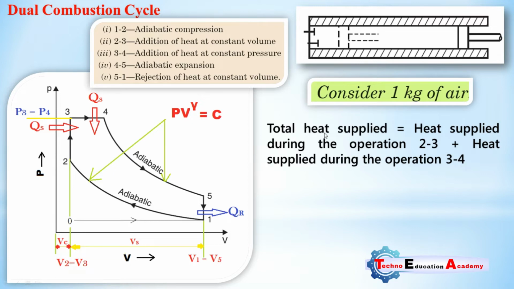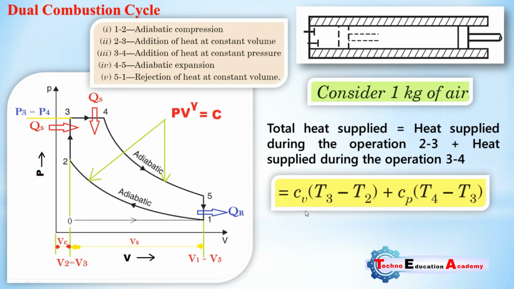So the total heat supplied equals the heat supplied during operation 2 to 3 plus the heat supplied during operation 3 to 4. So heat supplied equals Cv times (T3 minus T2), plus Cp times (T4 minus T3).